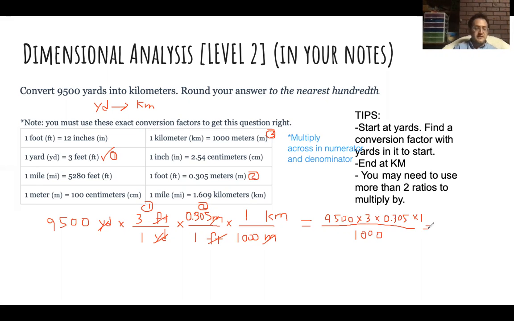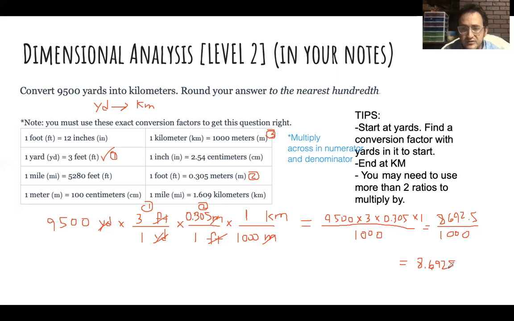So I'm going to do 9,500 times 3 times 0.305. And that gets me to 8692.5. And then I'm going to divide by 1,000. And this is equal to 8.6925.